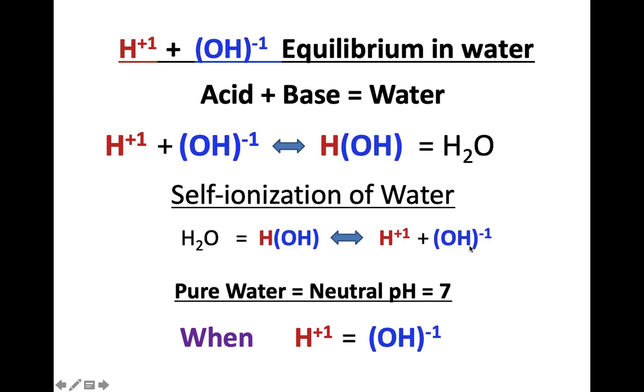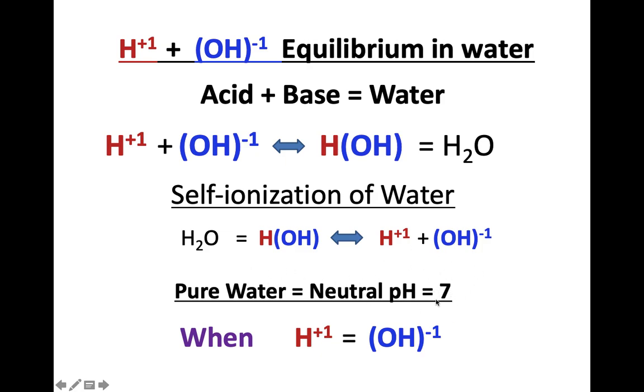Now, yes, it's true. The H and the OH combine and they make water. But in water, a very small amount is going the opposite direction. That's what's called the self-ionization of water, where you have the water breaking up into the ions. And this is related to pure water, and we're talking about the neutral pH.